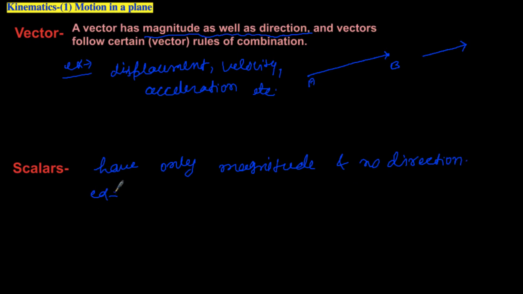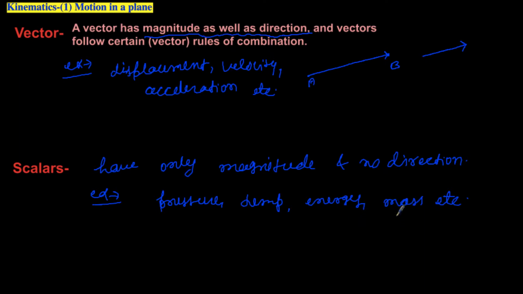Examples of scalars are pressure, temperature, energy, mass, etc. Pressure, you can say 5 megapascal. Temperature, 5 Kelvin. Energy, 5 kilojoule.